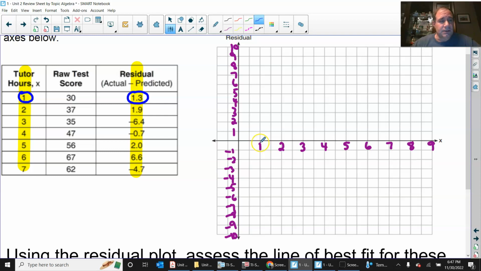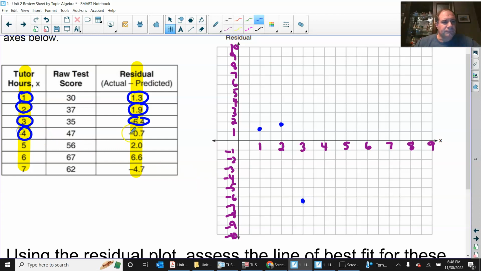So 1, we're going over to the x, and 1.3 would be right about there. 2 and 1.9, right about there, just under 2. 3 and negative 6.4 is right about here.